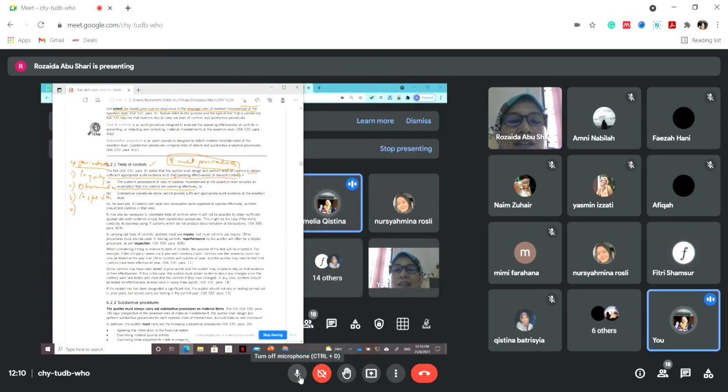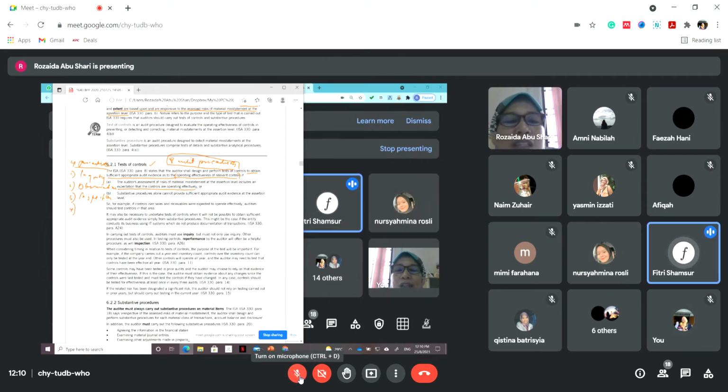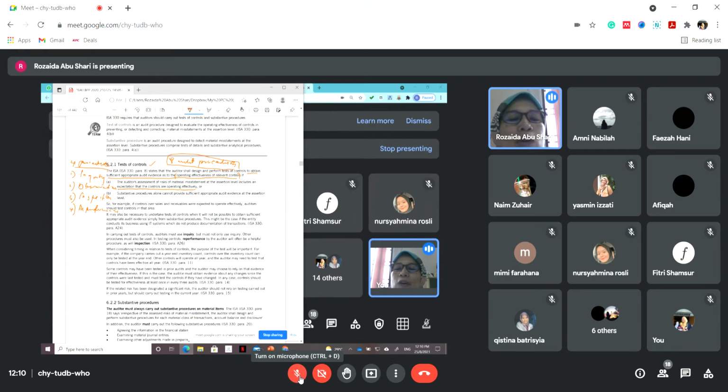Analytical procedure? Analytical procedure, calculation. Re-performance of control. Yes, re-performance. Okay, so only these 4 procedures can be used to test the control in order for you to achieve the objective of control activities.